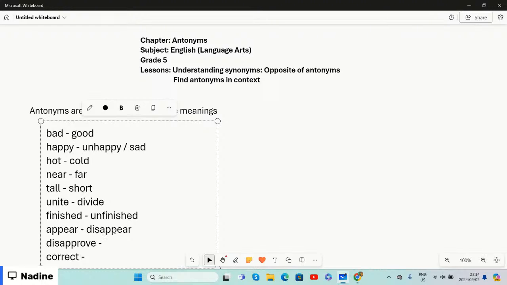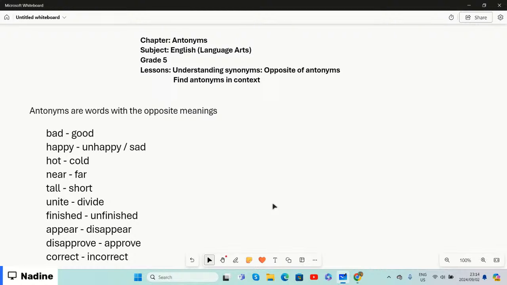The opposite of not approving something is to approve something. And then lastly, we need to give the opposite of correct. If it's not correct, then we can say it is incorrect.